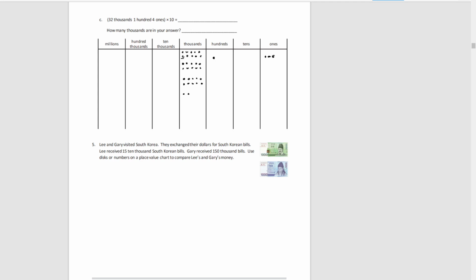So we're going to regroup these. This is a 10,000, and a 10,000, and a 10,000.